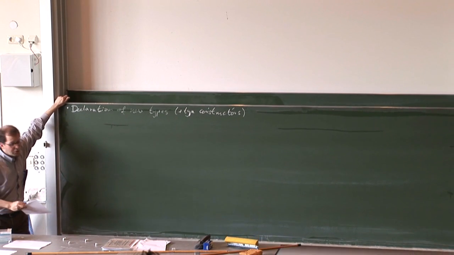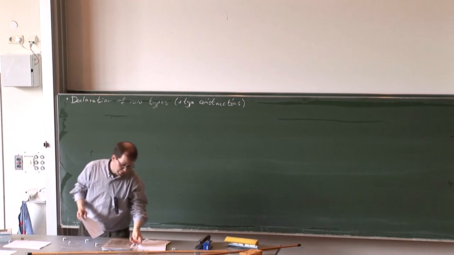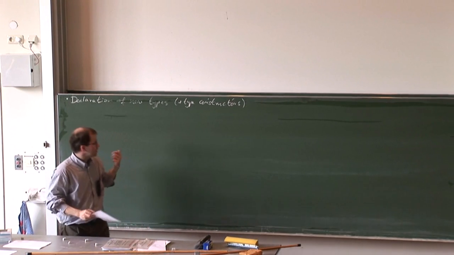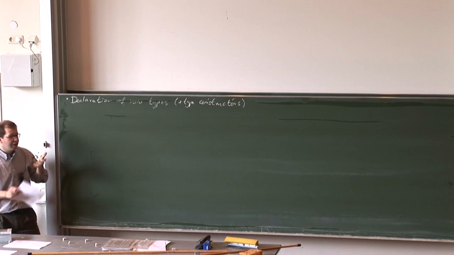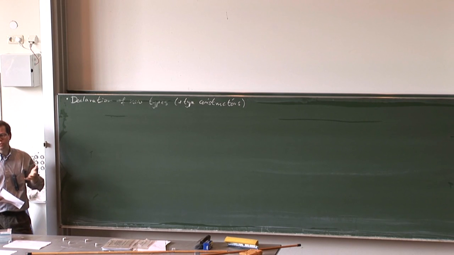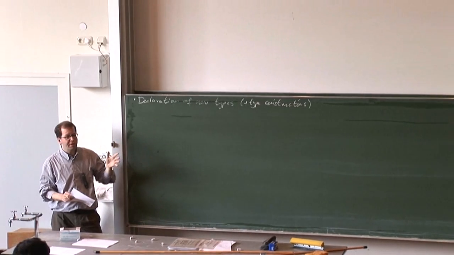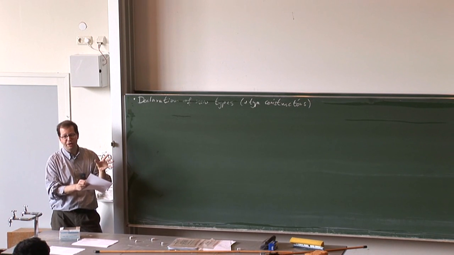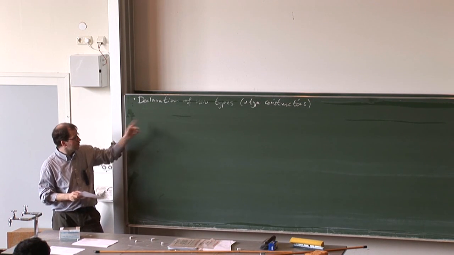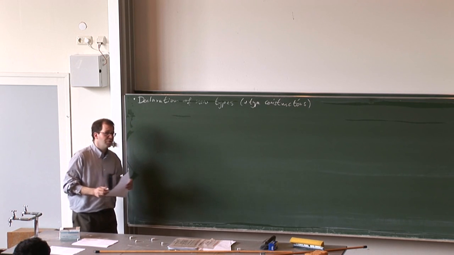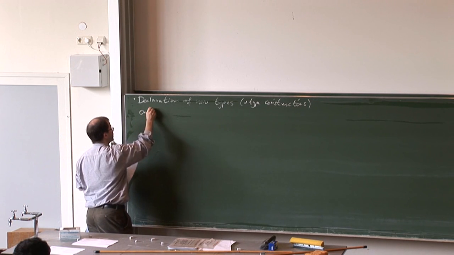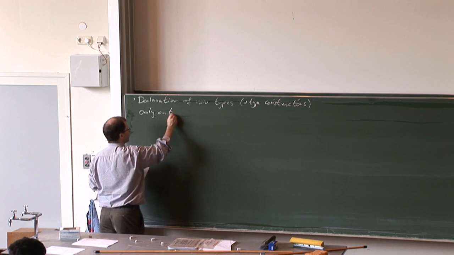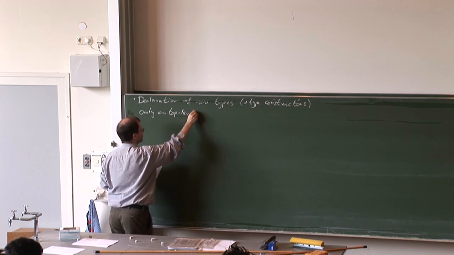Now, first of all, in contrast to all the other declarations that we had up to now, such type declarations where you really introduce new types are only possible on top level. You remember that there are local declarations which you can write using the keyword where or the keyword let. These introductions of new types you can only write on top level, not in local declarations.